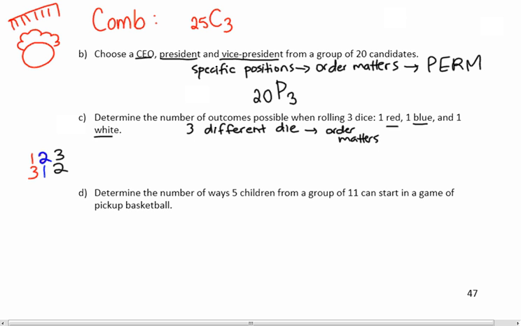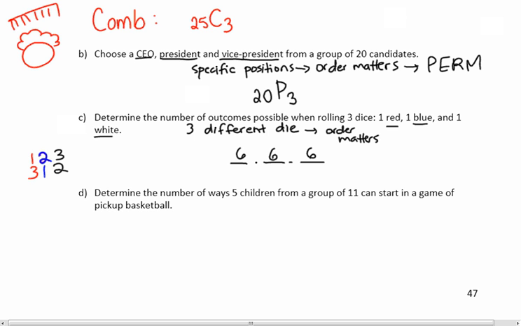This one is kind of unique because for the first die, you have 6 choices. You have to think about all the different outcomes. You can roll a 1 through 6, so that's 6 options. I don't really like this one, because you use the fundamental counting principle: 6 outcomes for the first color, 6 for the second, and 6 for the third.